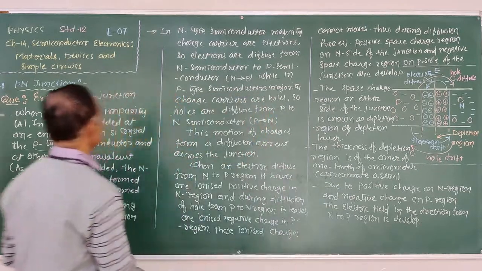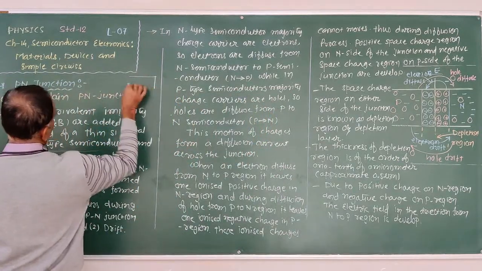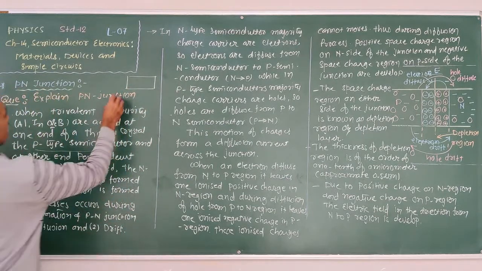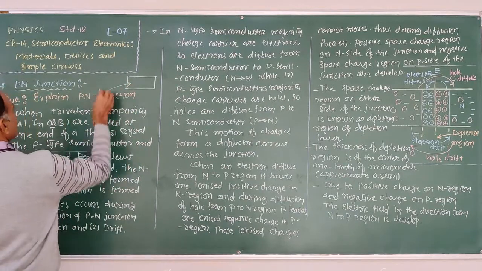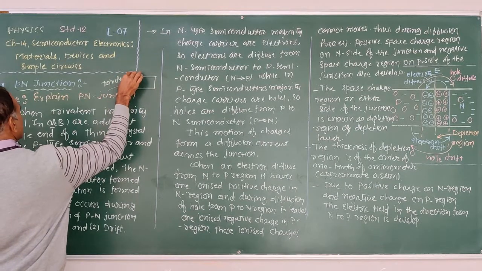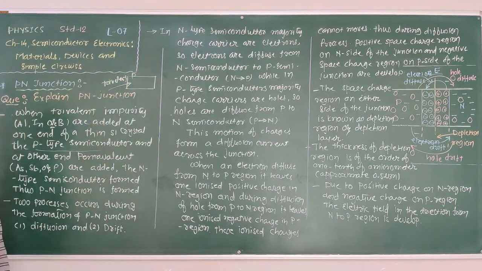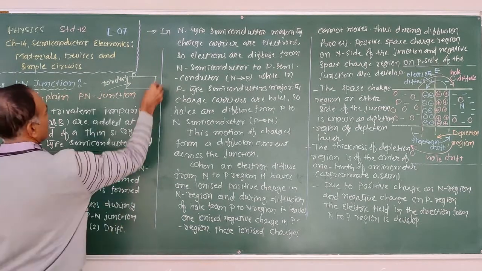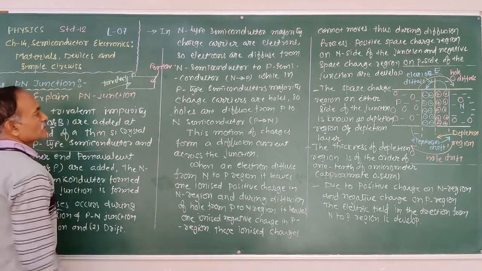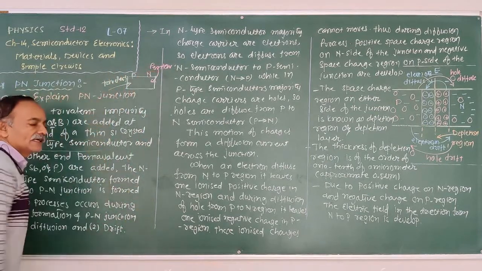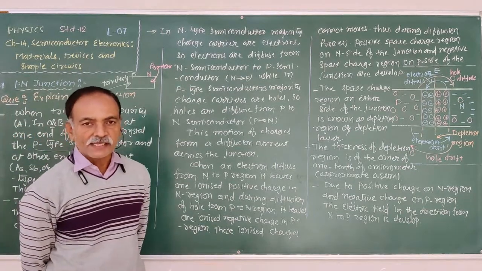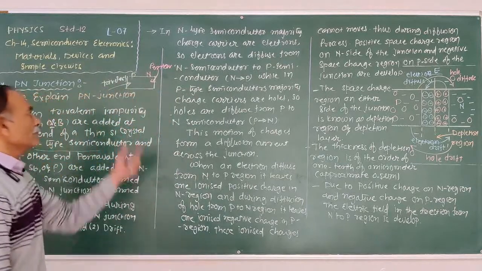In this manner, in the pure thin silicon crystal, we add the trivalent impurity atom at this end, so this end acts as the P-type semiconductor. At the other end, we add the pentavalent impurity atom, so this end acts as the N-type semiconductor. This way, in a pure silicon crystal, we develop the PN junction.